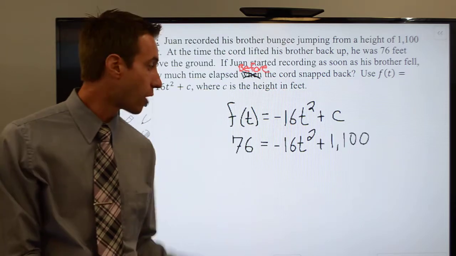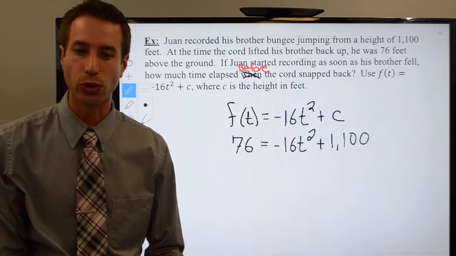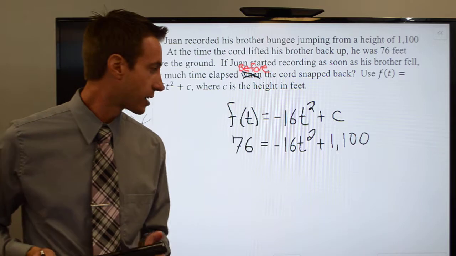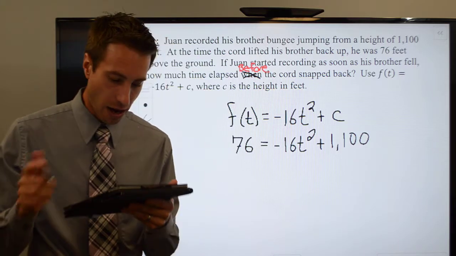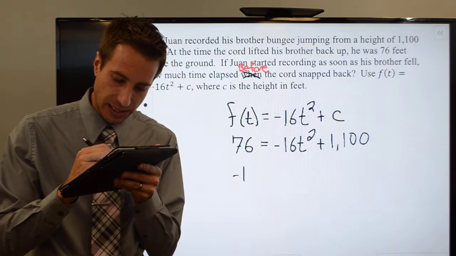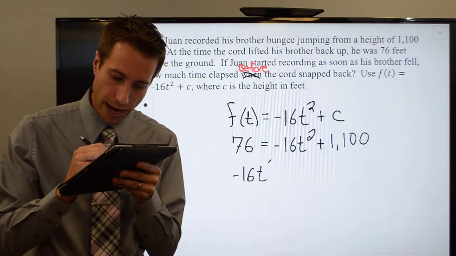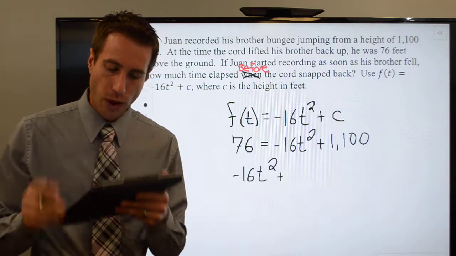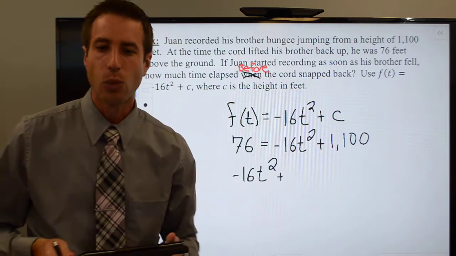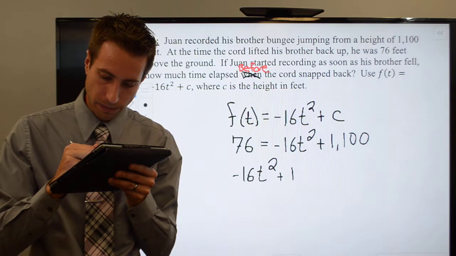Now, in order to solve a quadratic, I've got to have it set equal to 0. So let's go ahead and subtract the 76 over to the other side. So what I will wind up with is negative 16t squared plus 1,100 minus 76. I get 1,024.